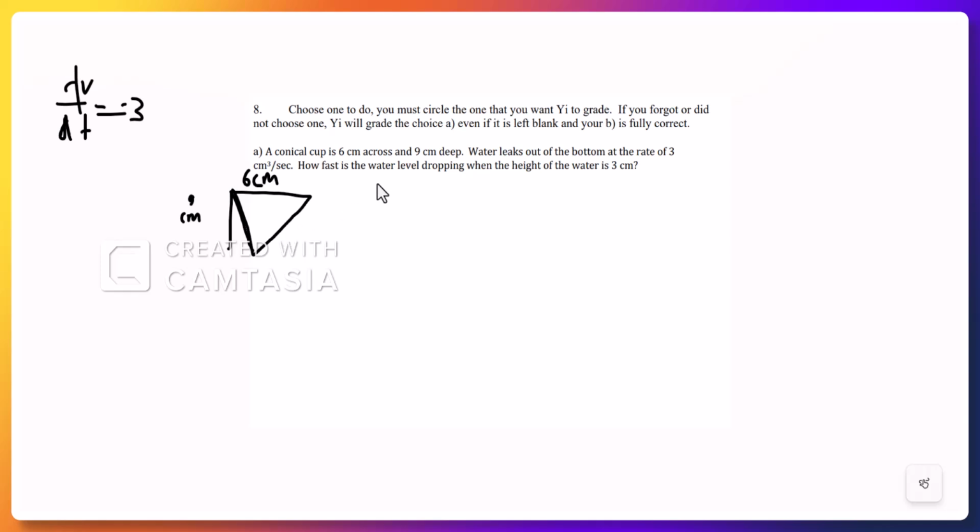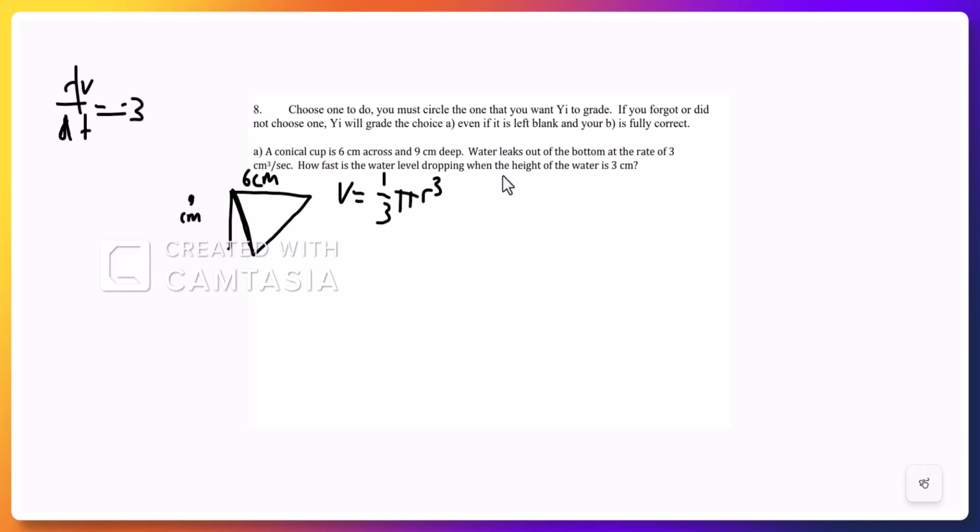To find how fast the height of the water is dropping, we're going to use the volume of the cup. The volume of the conical cup is 1/3 pi r squared h.